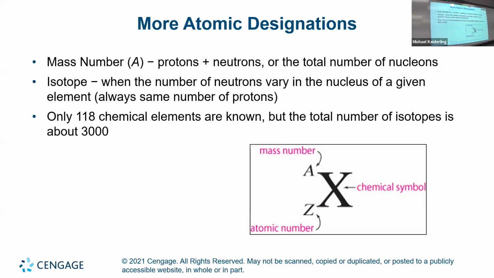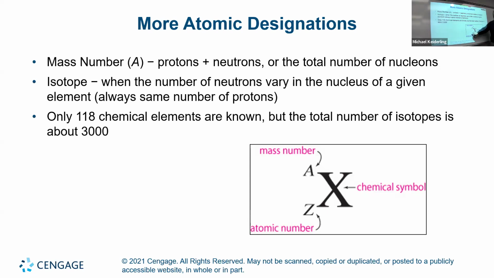It generally acts like that element. It just weighs a little bit more or a little bit less. But that's important when you worry about what nuclear things are going to happen. So the way we write this, you write the mass number up on top here and the atomic number down on the bottom here and the chemical symbol here.